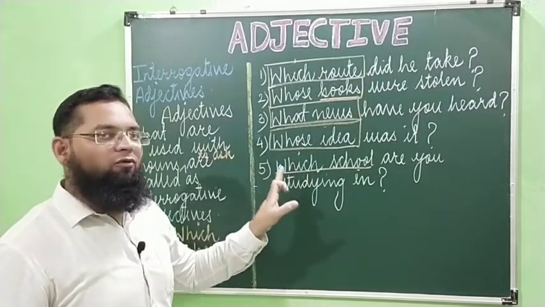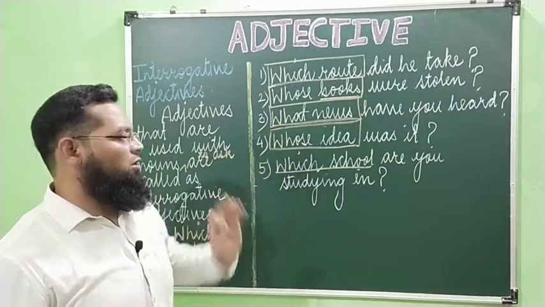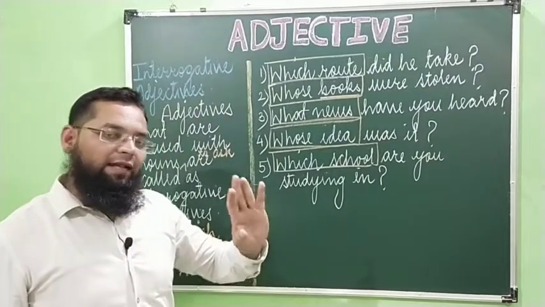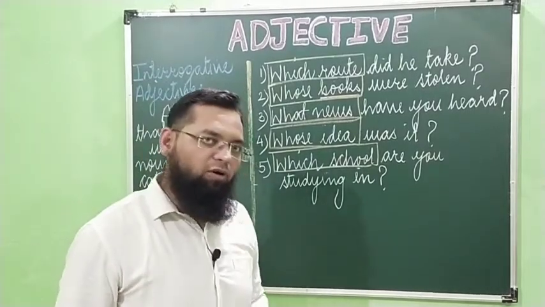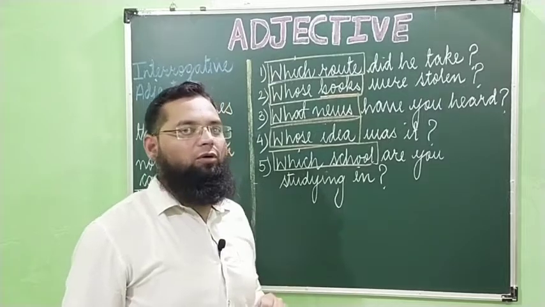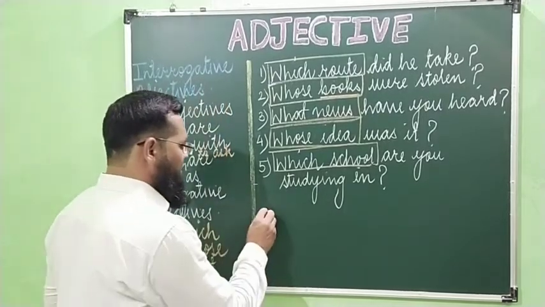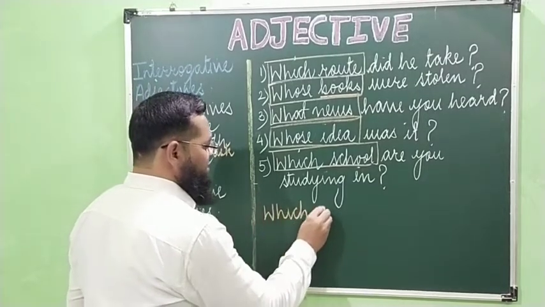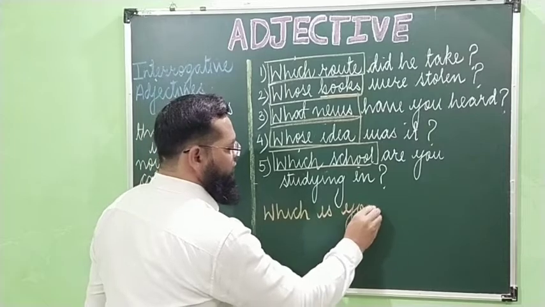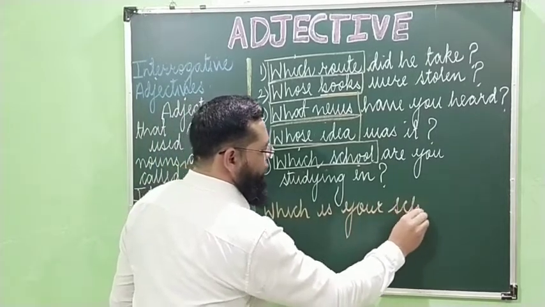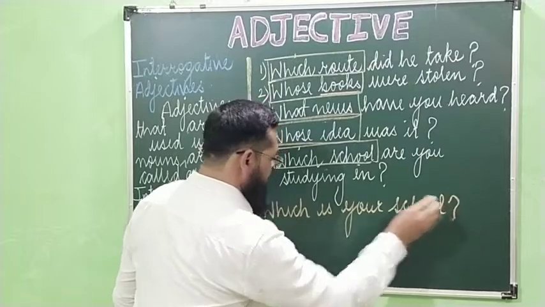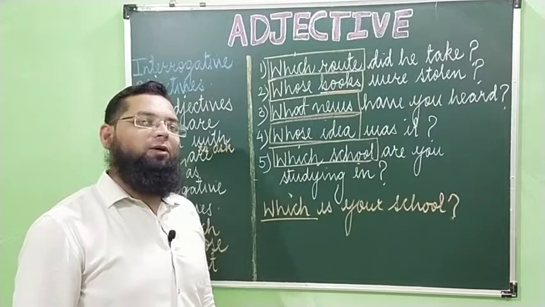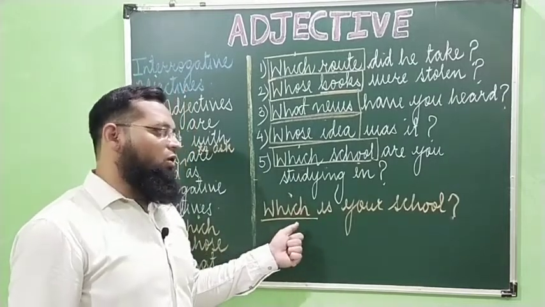If a noun does not follow which and what, then that will not be an interrogative adjective, that will be an interrogative pronoun. For example, if I say "which is your school," here which will not be an interrogative adjective, it will be an interrogative pronoun, as no noun follows it.